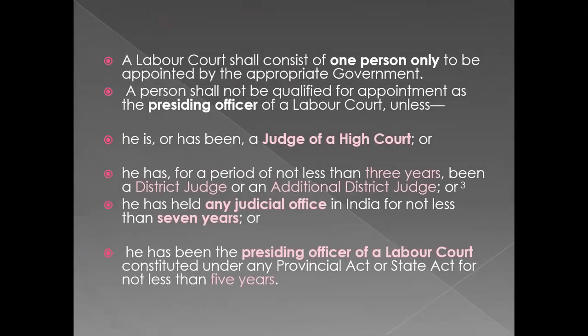The labour court consists of only one person, appointed by the appropriate government, called the presiding officer. Who can be appointed as presiding officer? A person who has been a judge of a high court, or has experience of not less than 3 years as a district judge or additional district judge, or not less than 7 years as a judicial officer, or has acted as presiding officer of any labour court constituted under any provincial or state act for not less than 5 years.